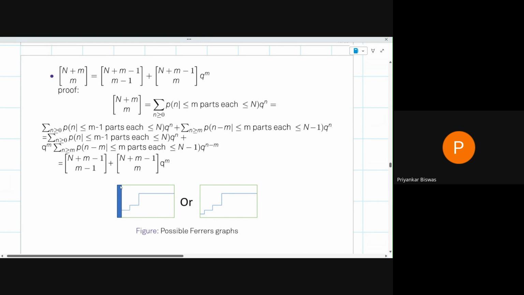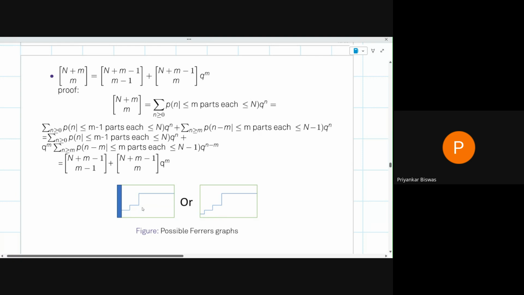Complete means these partitions have parts of size at least one. And here we will get the parts strictly less than m, and here the parts are exactly equal to m.